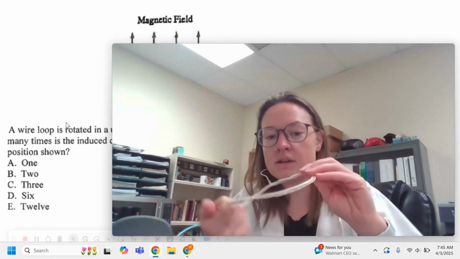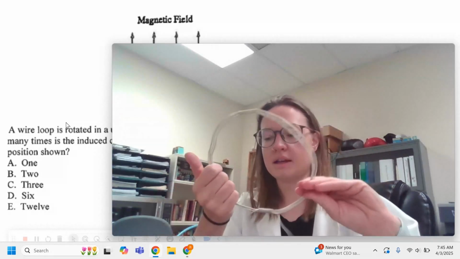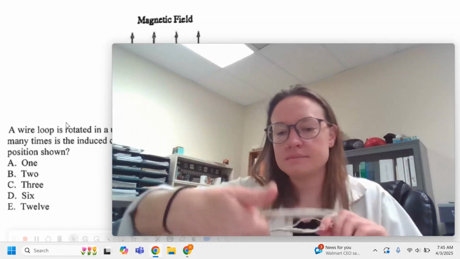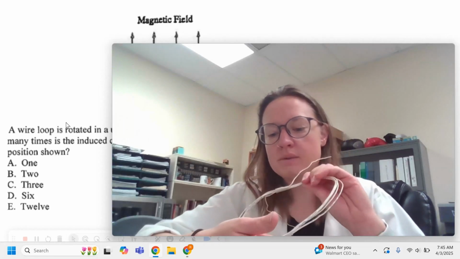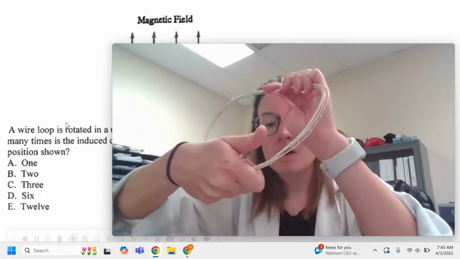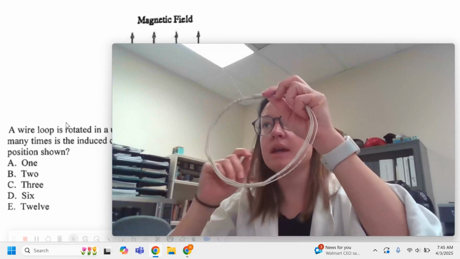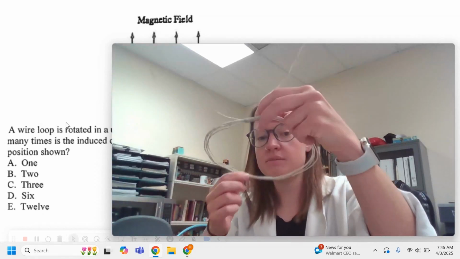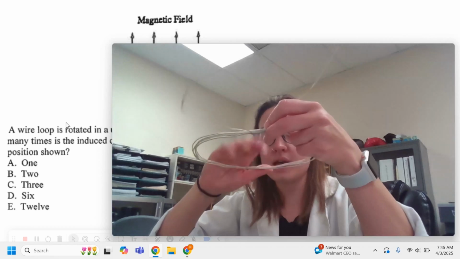Now the current is going this way so that the flux can go up. When it gets to this position, the flux is now going to increase going up, and so the loop is going to try to make a magnetic field going down to undo that change.